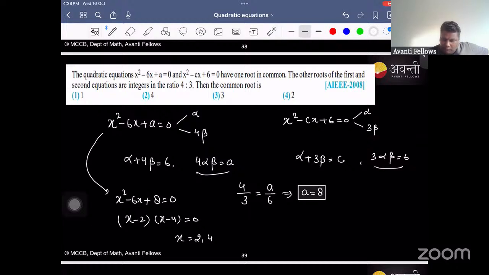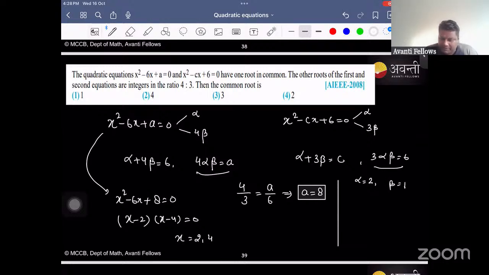So I think 2 will be the common root. So if I place 2 here and 4 means beta is 1, we get the value of c. They're asking for the common root. Now the common root can be 2, can be 4. That is what we have to decide now. If I take alpha, the common root, as 2, then beta will be 1.